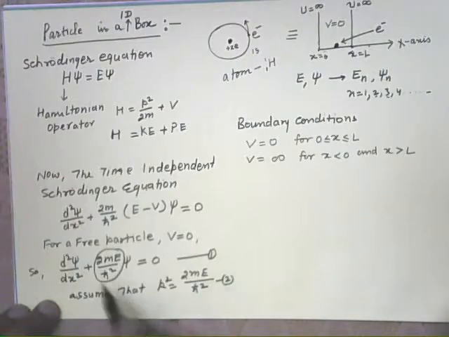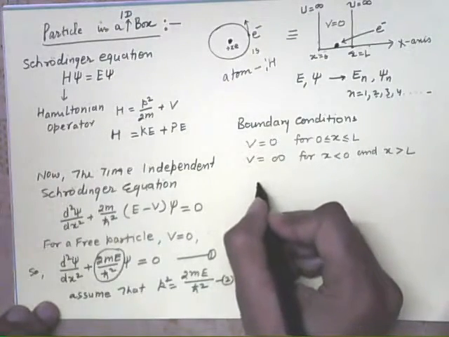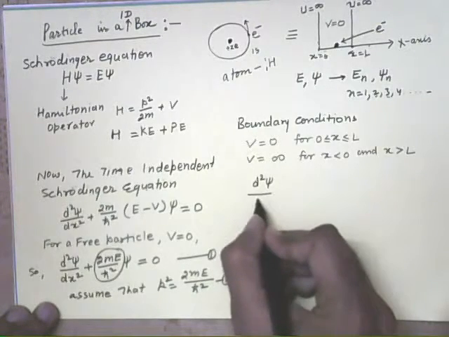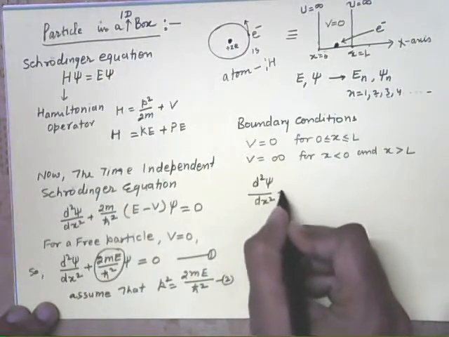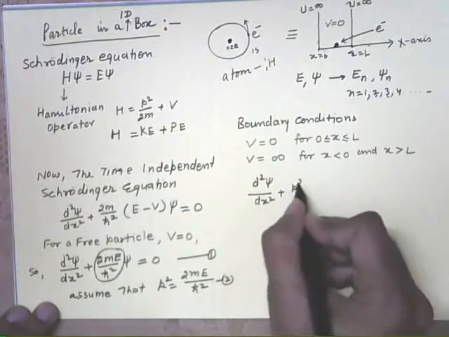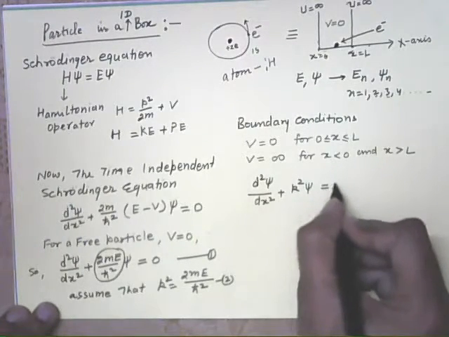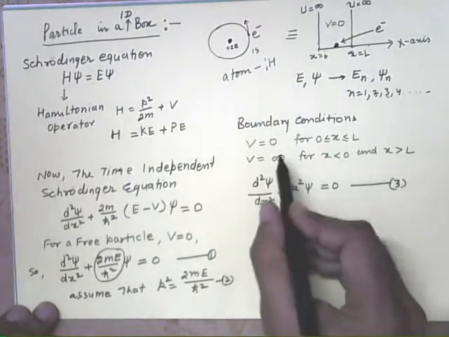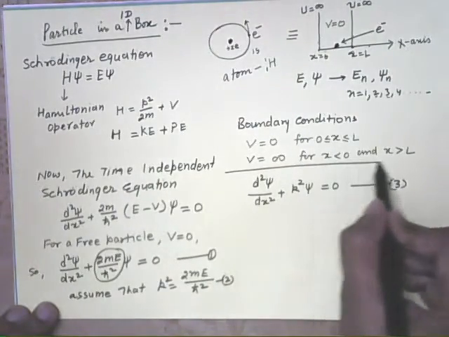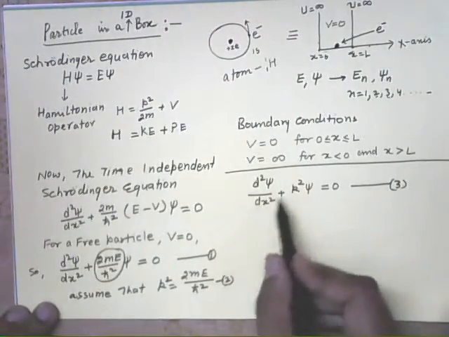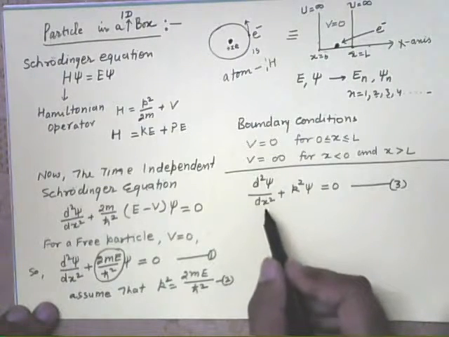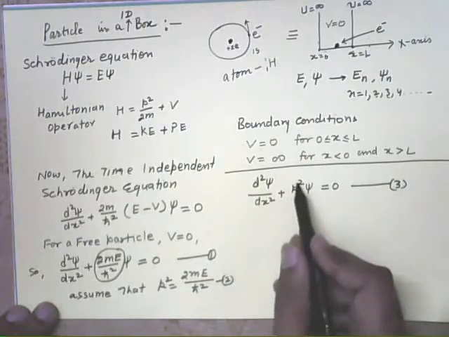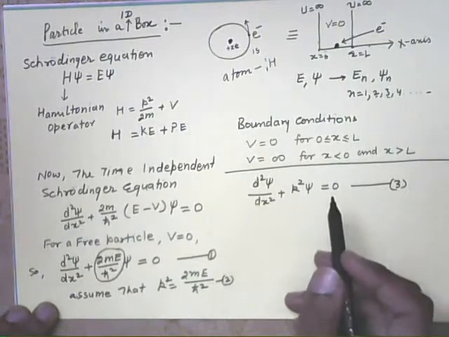Now the first equation becomes d²ψ/dx² + k²ψ = 0. Now it is clear that this is a second order differential equation.